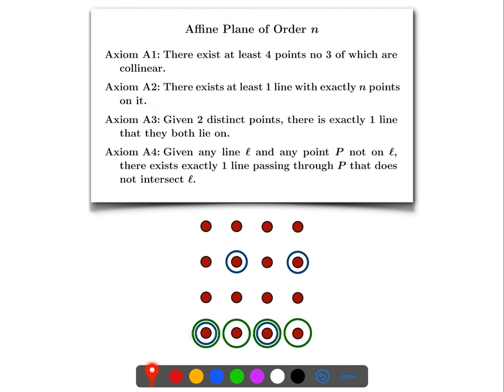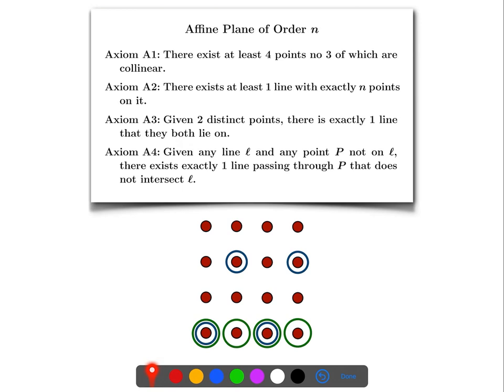We have lines with exactly 4 points on it, but that just means axiom A2 does hold. Axiom A3: given 2 distinct points, there's exactly one line that they both lie on. There we have it. We have 2 points that are distinct, and we have 2 lines passing through them, the blue one and the green one. So this is not true. There is not exactly one line passing through these 2 points.